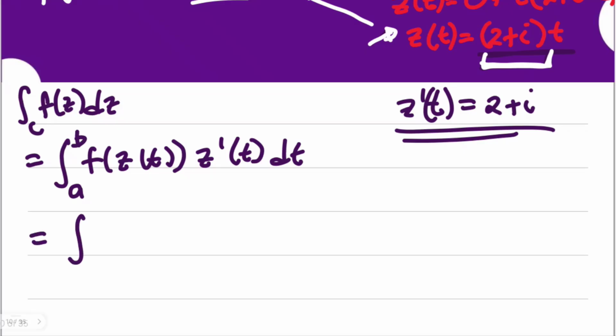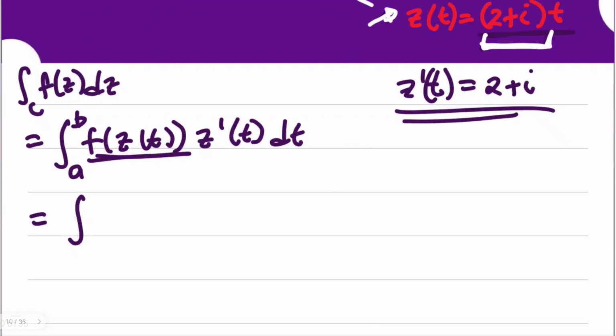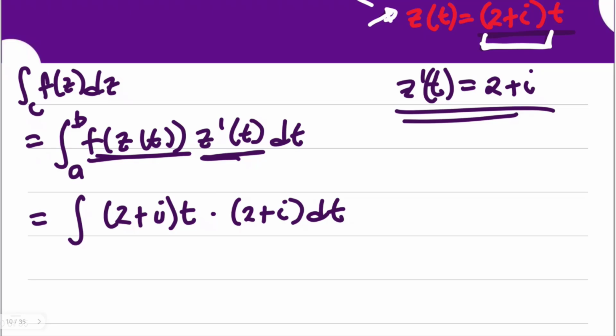So our expression here is 2 plus i times t, times 2 plus i, dt from a to b. The question now is, what would be our a and what would be our b? As mentioned in a video on parameterization along a straight line, we can invoke the value of a, the starting point, and b, the endpoint, as 0 and 1 respectively.